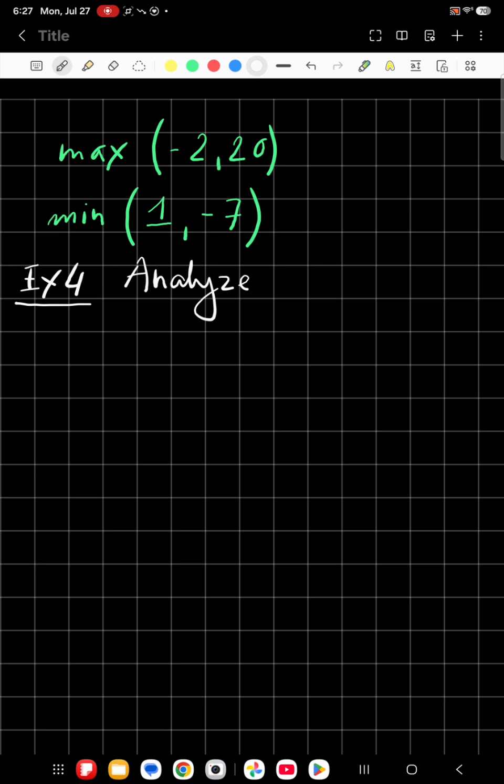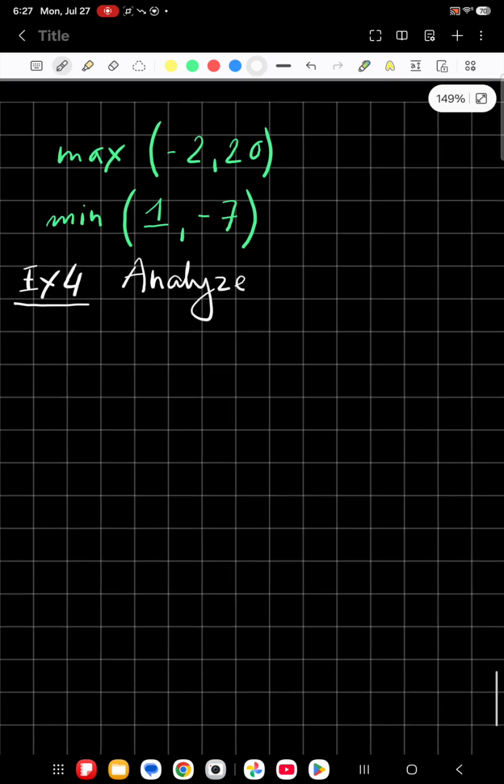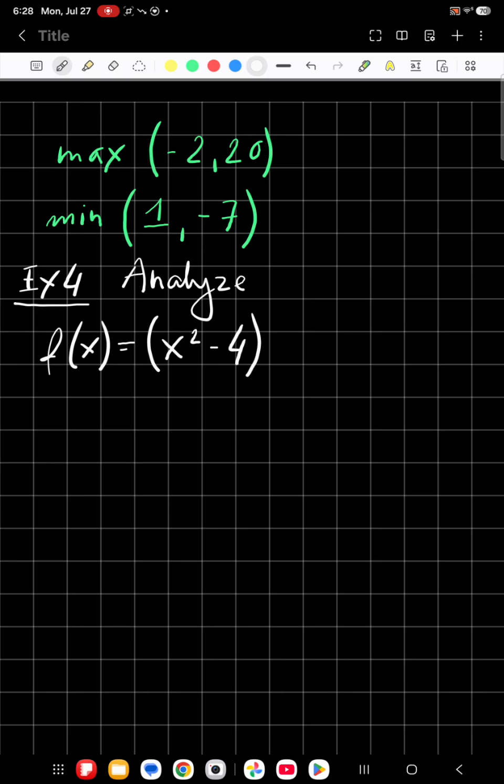So what we need to analyze is a function that looks like this, f of x. So we have x squared minus 4, and then it's to the power of 2/3. And yeah, we also know that the function is continuous.